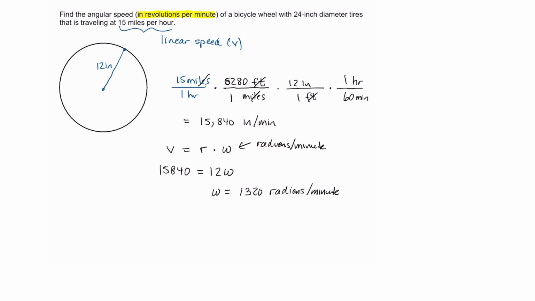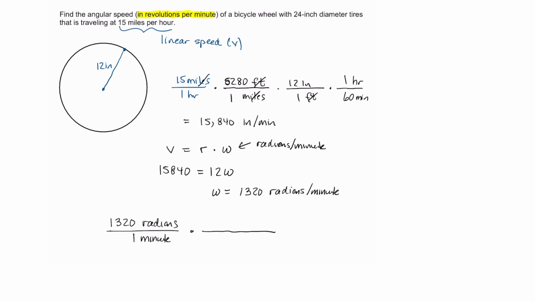Now to write the answer in revolutions per minute, we have one more conversion to make. So I'm going to write this like so down here: radians for every 1 minute. Because we have to remember how many radians are in one revolution.